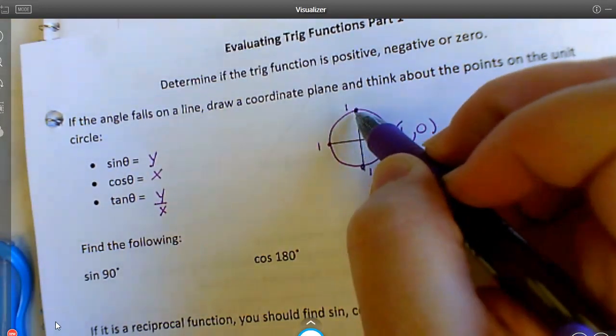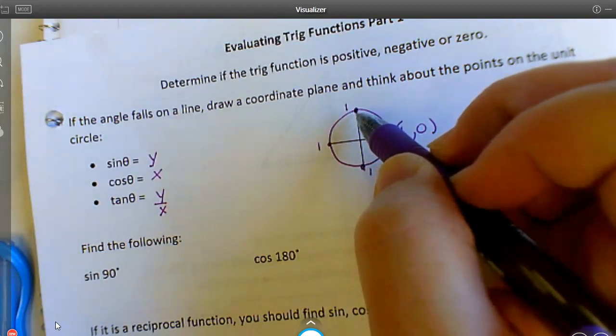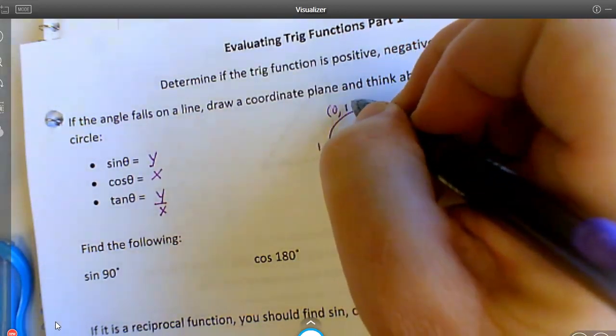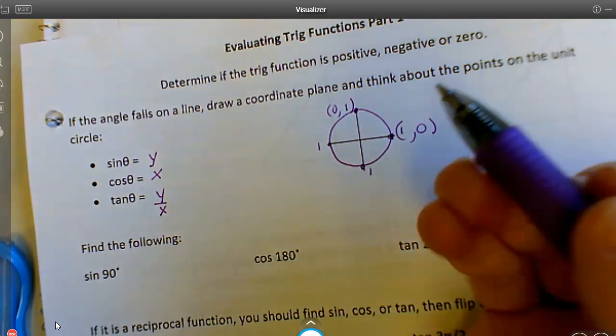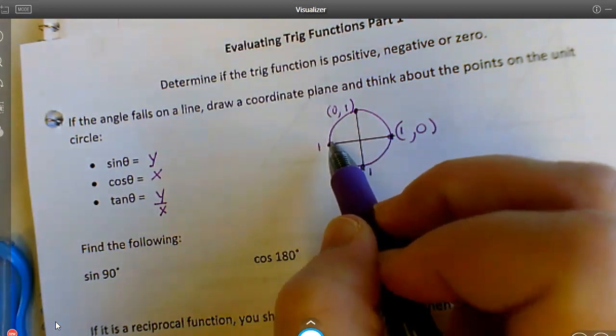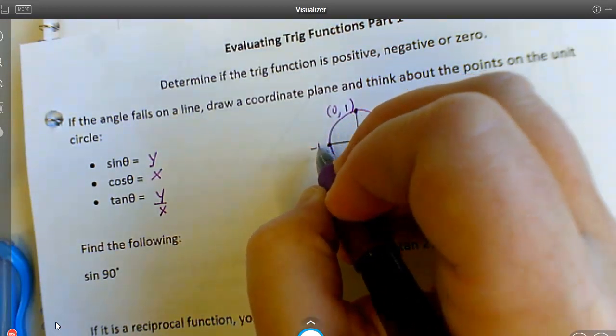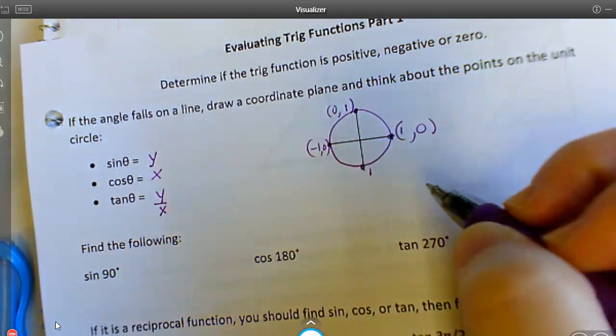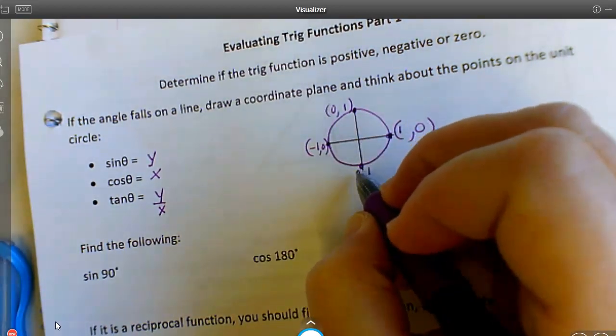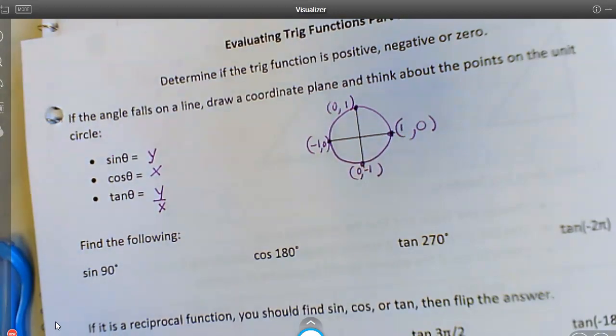I know that it's 1 up, but how do I write that coordinate? 0, 1. And then this one would be negative 1, 0. And then this one would be 0, negative 1. So knowing those 4 coordinates will help you if you have an angle that falls on the line.